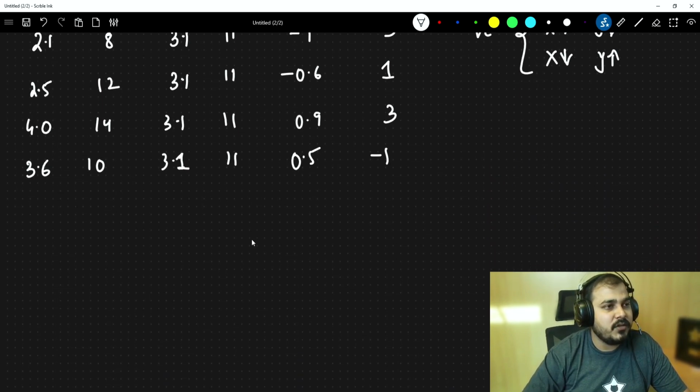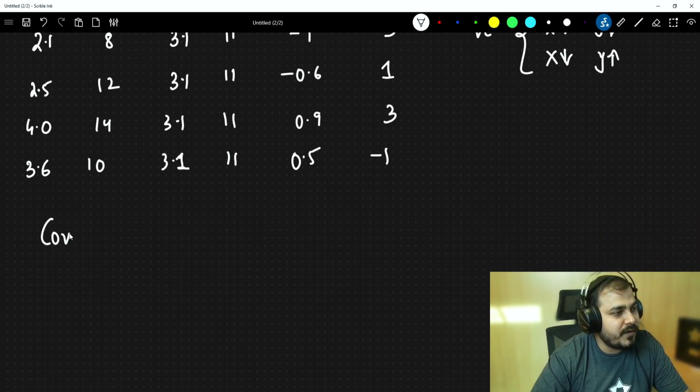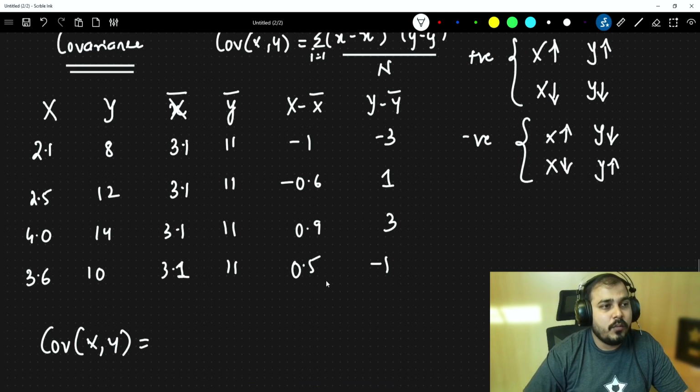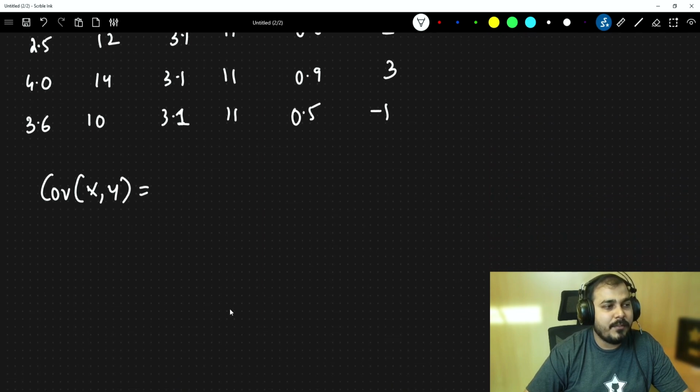Now I have all the values. Now I'm going to find out the covariance of x comma y. First of all, summation of i equals 1 to n. Let's start with the first record. Obviously you know the formula, x minus x bar multiplied by y minus y bar.